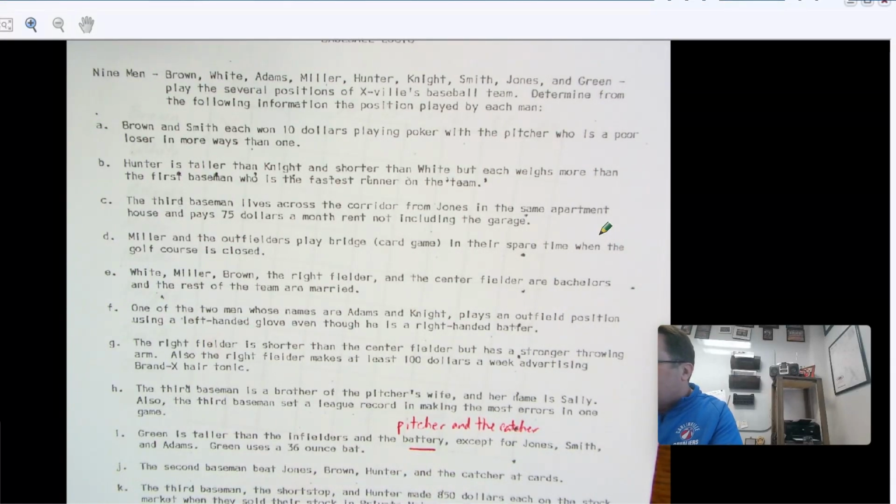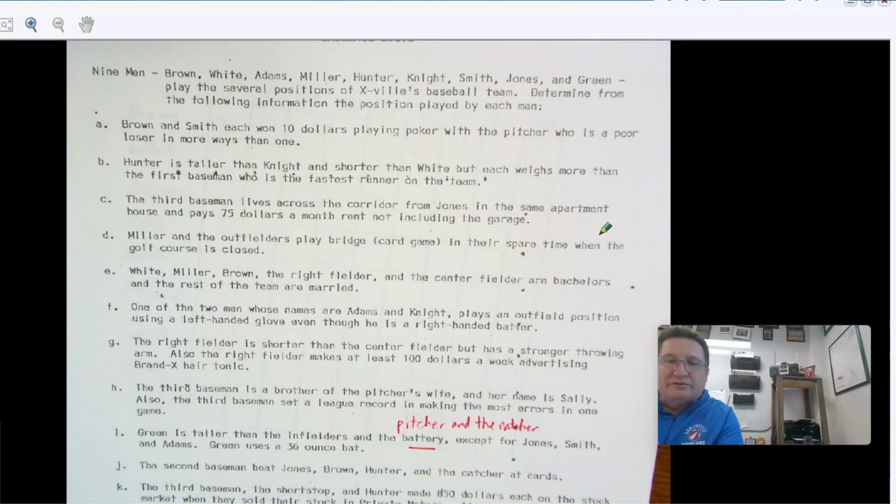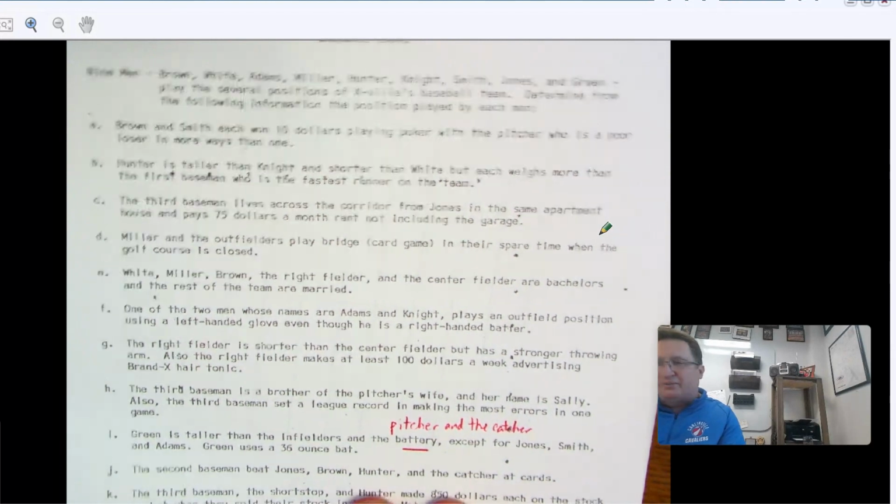And so that'll give you another clue. So infielders, of course, are the first baseman, second baseman, third baseman, and shortstop. So green is really an outfielder, is what they're saying. And so green is either left field, center field, or right field. Okay, well, I will leave that puzzle to you.